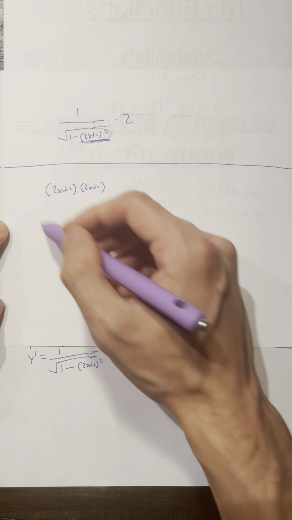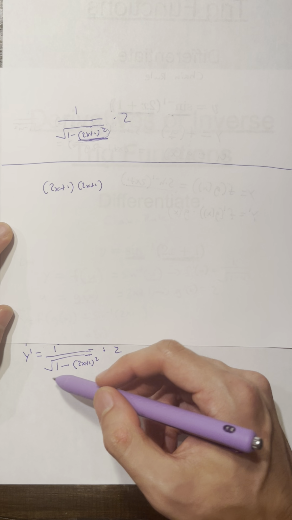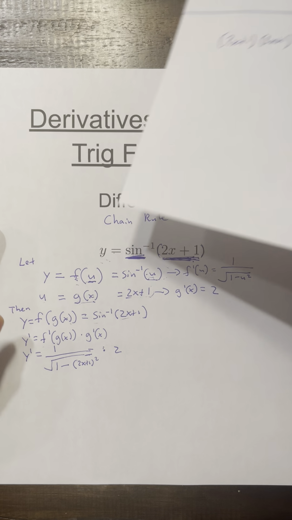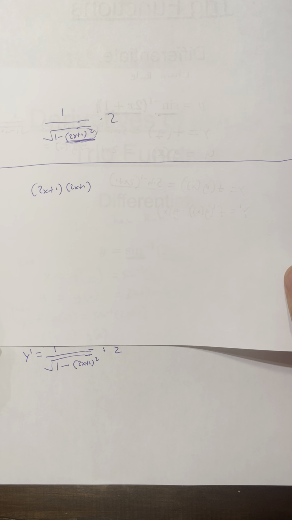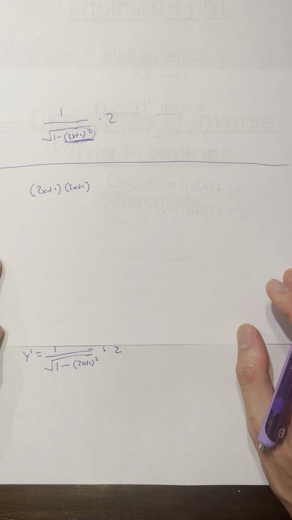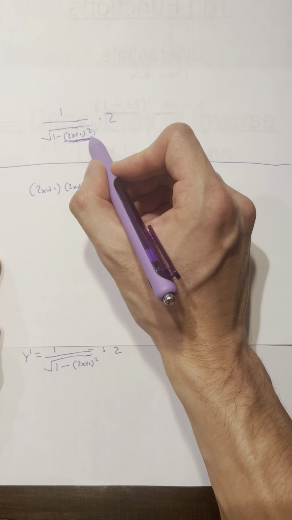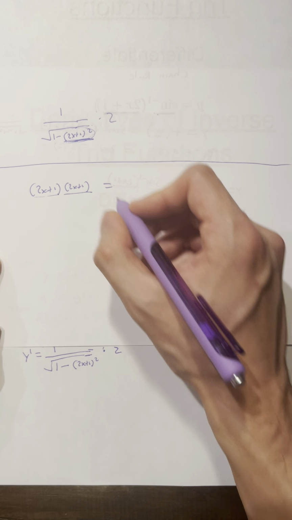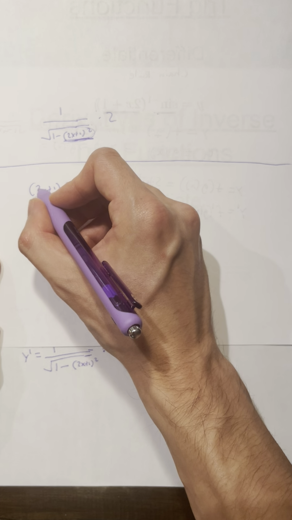Yeah, so whatever I write on here, you don't have to copy when showing your work. I'm just going to use this sheet of paper to elaborate on certain things. But yeah, 2x plus 1 squared is the same as 2x plus 1 times 2x plus 1, and we can FOIL.